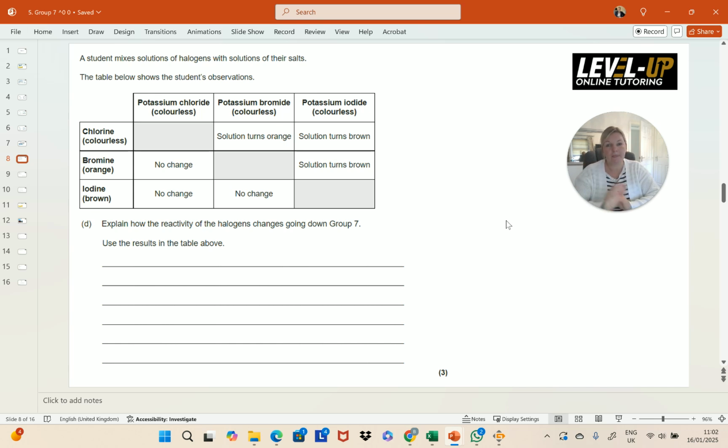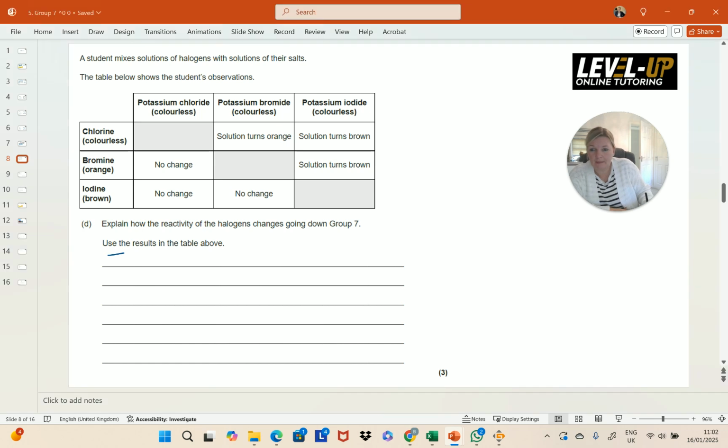So where we have it written in that it's changed colour, we know a reaction has taken place because we've got that colour change. Okay, so it says explain how the reactivity of the halogens changes down the group. Use the results in the table above. Okay, so we can see there, like we said earlier, we can hopefully deduce that the reactivity decreases down the group.